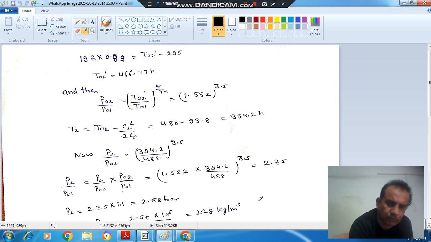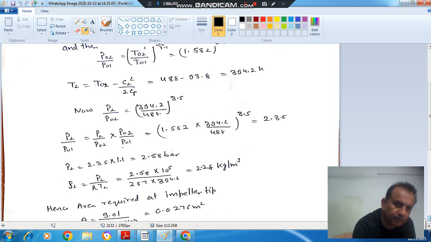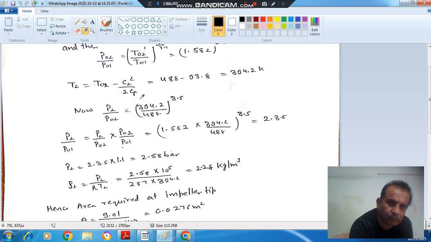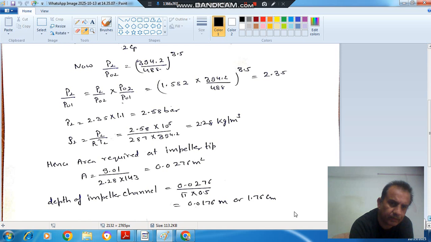Okay, after calculating P2 and after calculating T2, from this we can find out the density at the exit of the impeller, that is your 2.28 kilogram per meter cube.